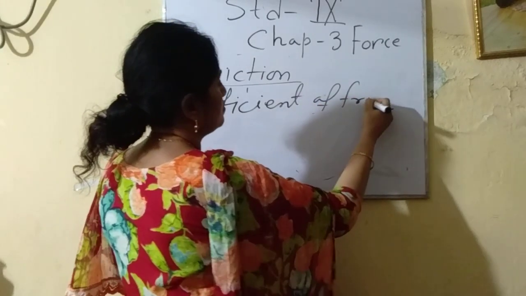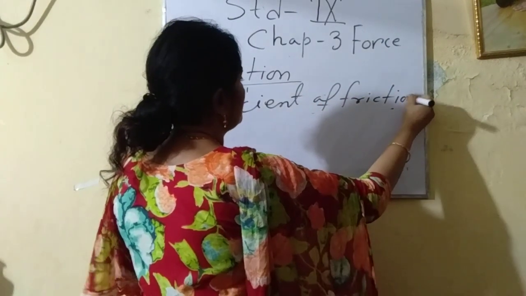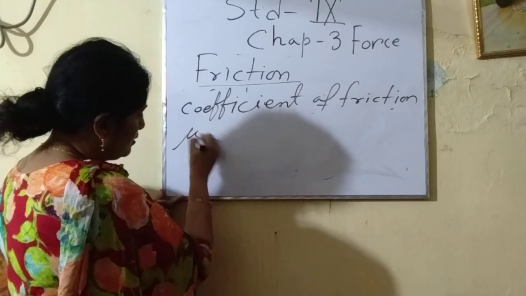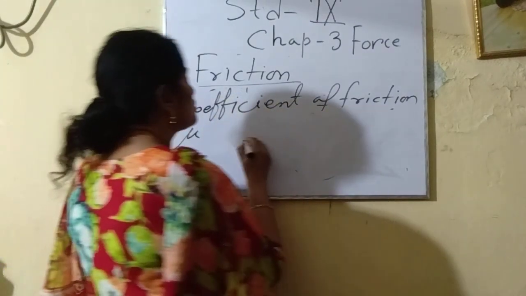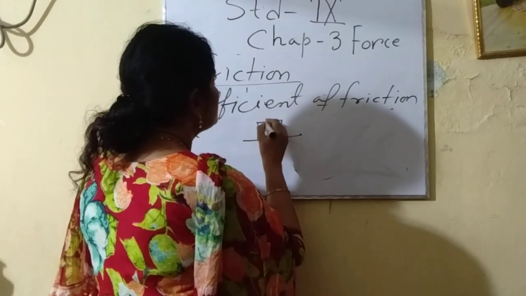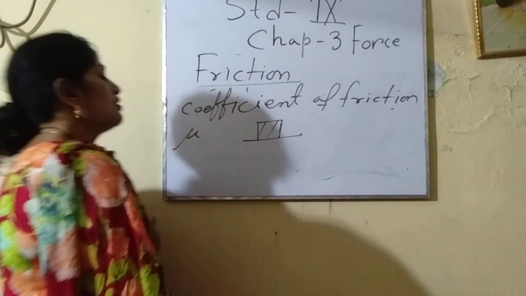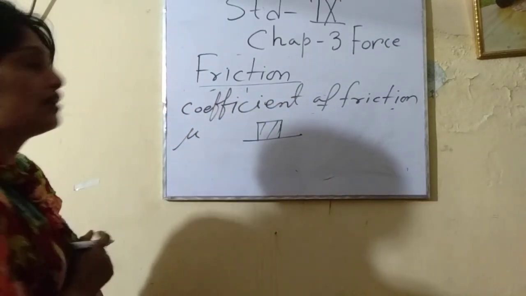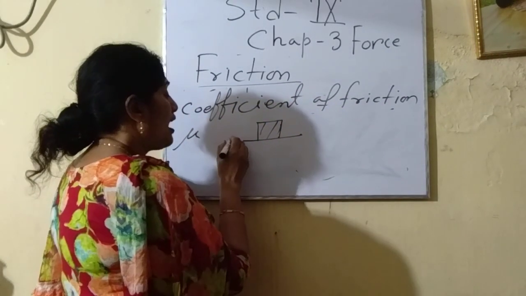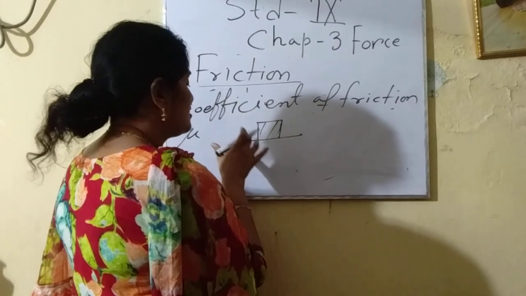Of friction. It is denoted by mu. Look, I put a box on the floor. The box is at rest on the floor.